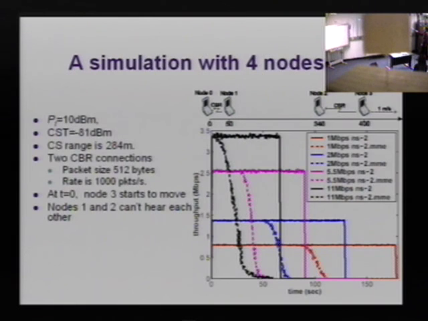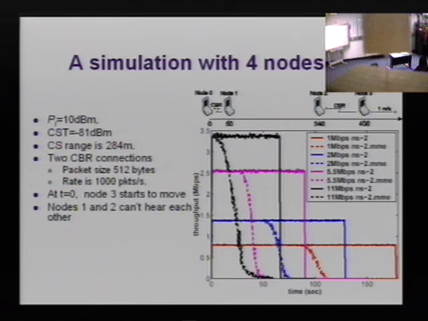We also did another simulation with 4 nodes to verify our model. So nodes are distributed like this. Can you read these numbers? I guess you can. Node 0 is at 0, node 1 is at 50, node 2 is at 340. These are all stationary.